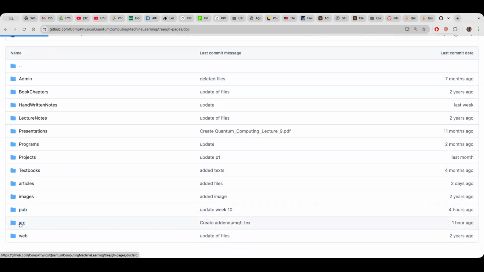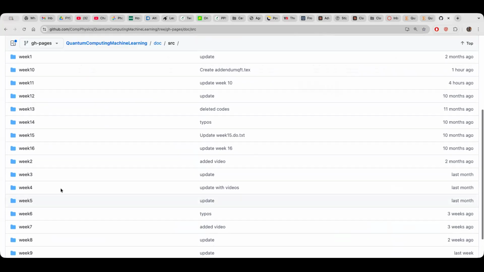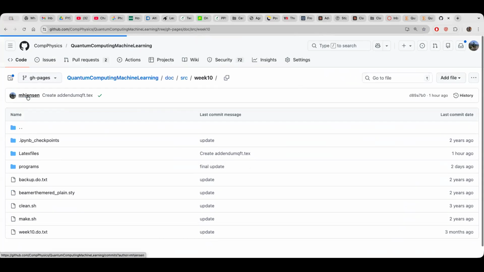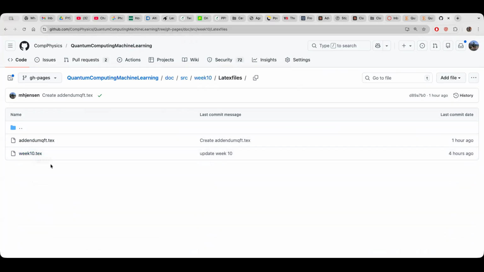If you go to source and take this week, which is the 10th week, because now I'm generating a distinct Jupyter notebook and a distinct PDF because I had problems with including quantikz, you will find week 10 TeX, and that contains the codes which I've used to generate these figures.